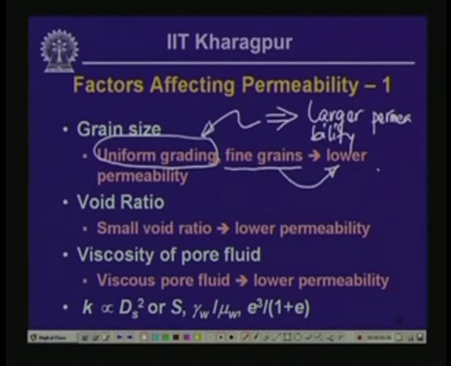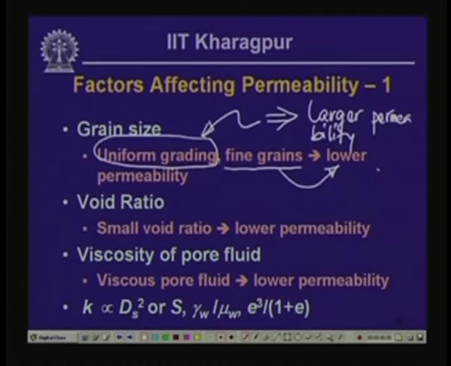So all these factors are going to affect permeability. It is going to depend on the representative value of the grain size. It is going to depend on the specific surface S. It is going to be proportional to the specific surface, in fact, and proportional to the square of the representative value of the grain size.